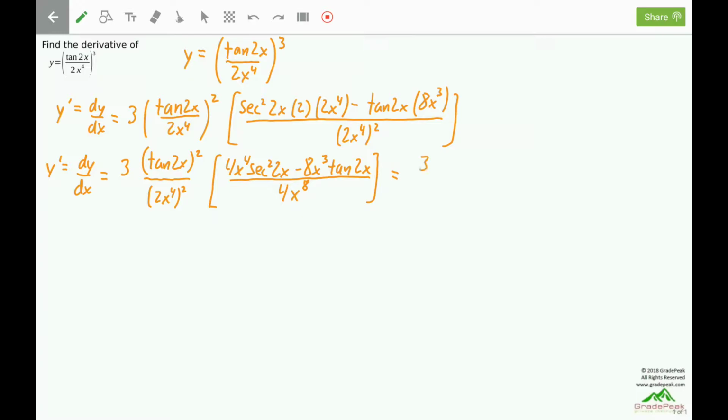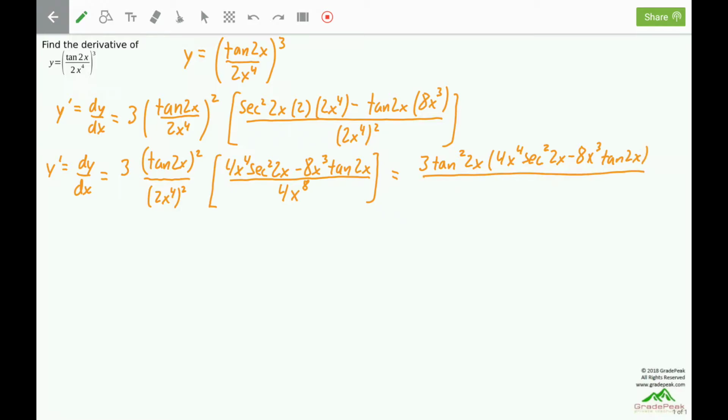So I have a 3, I have a tangent squared, I'll just call it tangent squared now, of 2x. And I have the entire expression of 4x to the fourth secant squared 2x minus 8x cubed tangent of 2x.